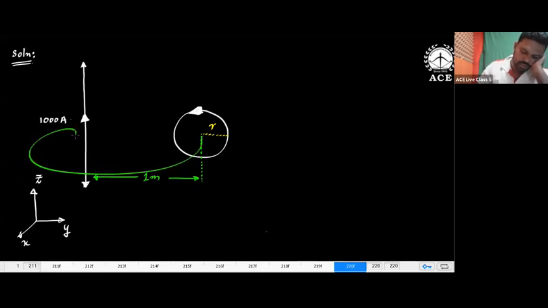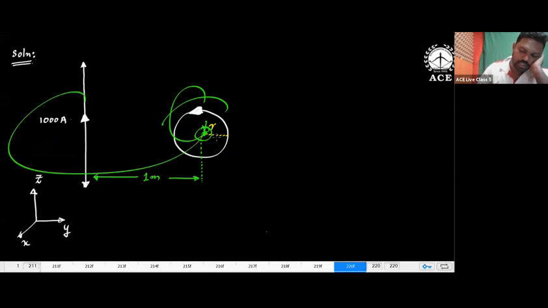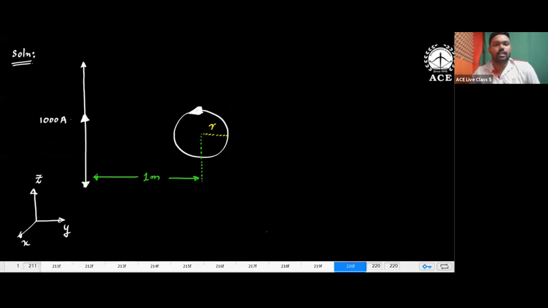Here it is inside due to this conductor. And what about this one, beta? Due to this one, if I put my thumb like this, the magnetic field is outside. Outside is positive x direction. Here it is negative x direction. So there is a possibility for the cancellation there. So I'll call this current as I. Clear?